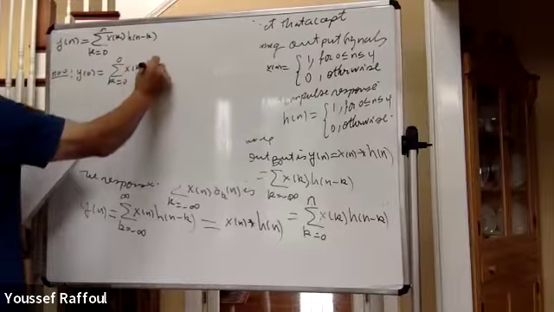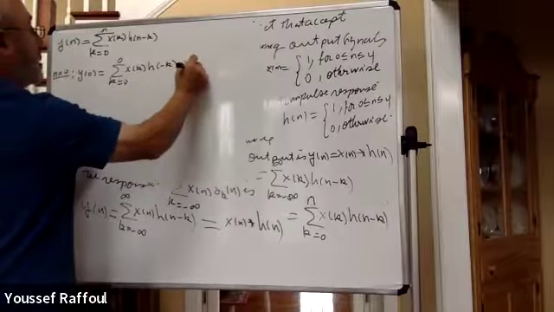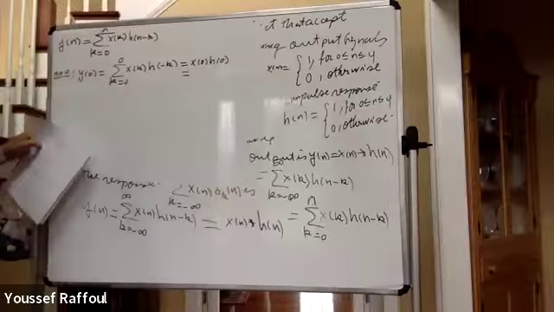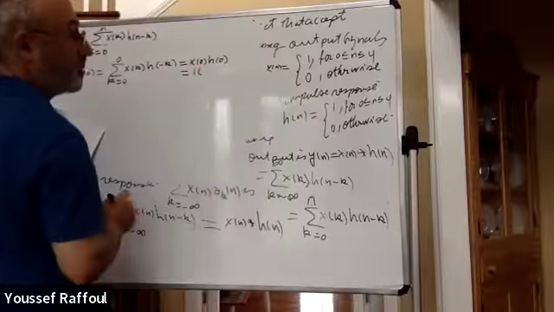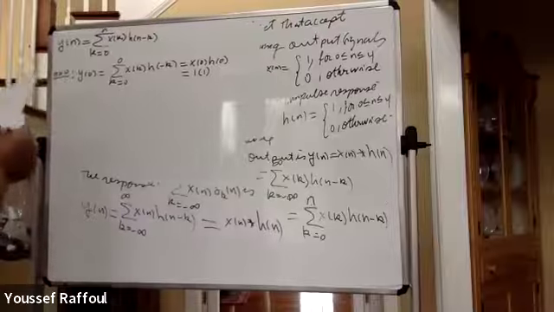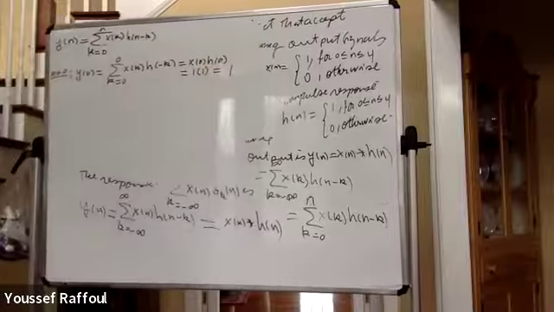The sum of xk h of minus k, that is x0 h0. Well, what is x of 0? That is 1 times 1, and that is 1.